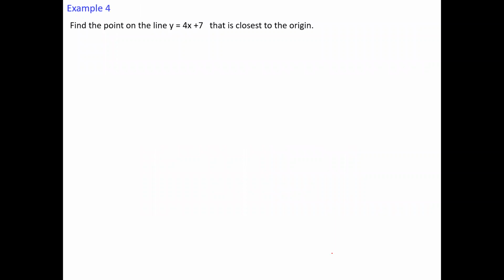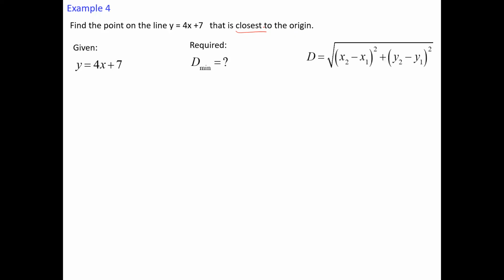Find the point on the line y equals to 4x minus 7 that is closest to the origin. Closest. Finally, we have to minimize a distance because we're looking for the distance from the origin to the point on the line. Okay, that's the line given because that's the only information that is given, and the distance is minimum.